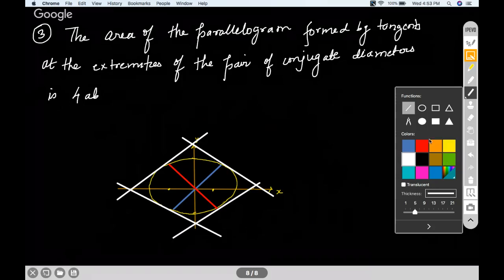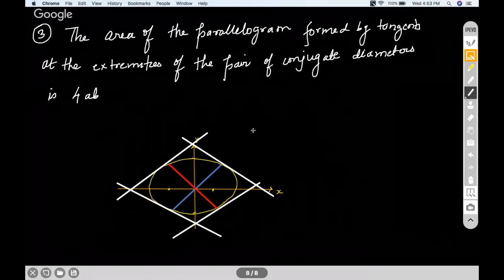So I've tried to draw it as accurately as possible. So let's say this is A cos phi comma B sin phi. And this point is minus A sin phi comma B cos phi. And this is the center of the ellipse.